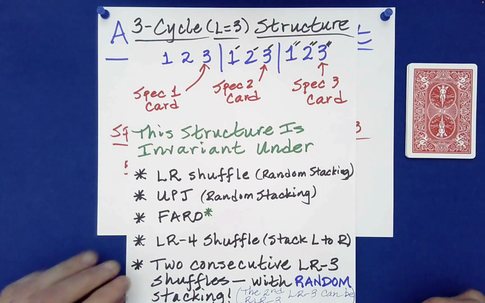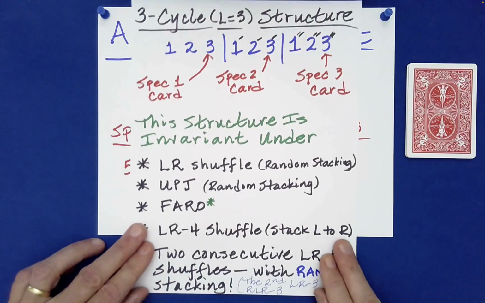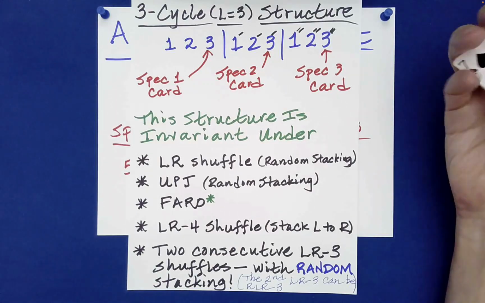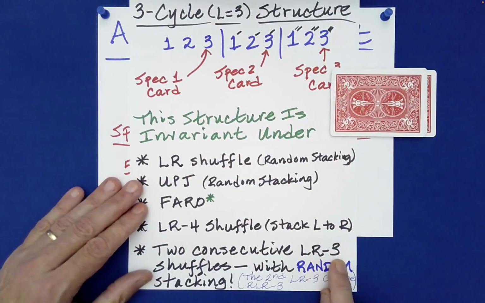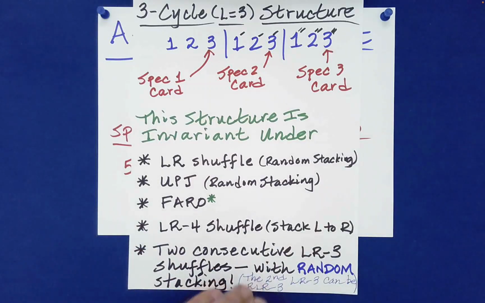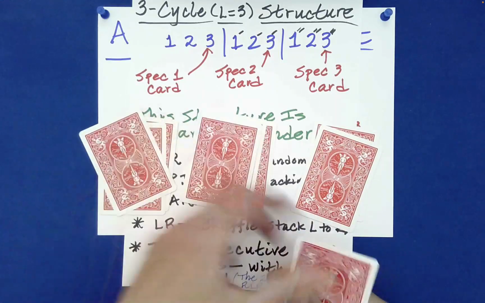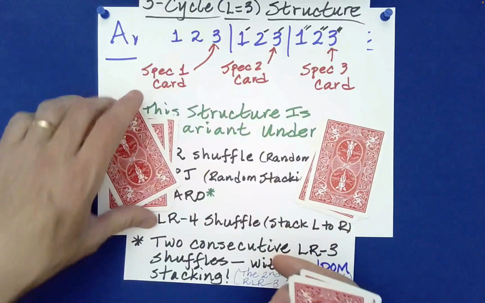Okay, and then the other dealing that we did, which is most remarkable, is we dealt out into 3 piles. Okay, now it ends up that if you deal out into 3 piles, so we'll kind of do it systematically, 1, 2, 3, 1, 2, 3, 1, 2, 3, you can actually randomly stack these, which is what we did.